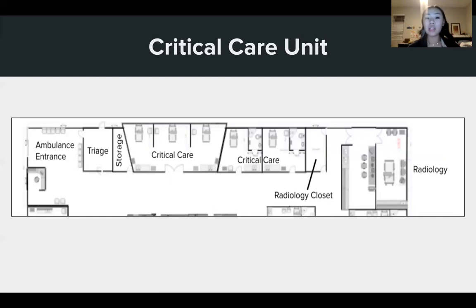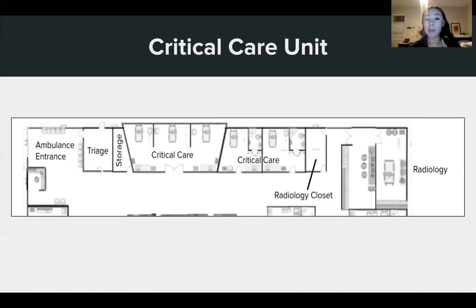This area includes the critical care rooms so that they are near the ambulance entrance, and it will be easy to transfer patients to the rooms. There will also be wide hallways that allow easy transportation of patients in critical condition, staff who need to travel around the ER to attend patients quickly, and eases the movement of equipment that is moved throughout the ER.